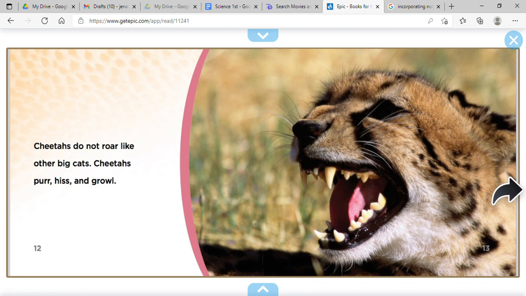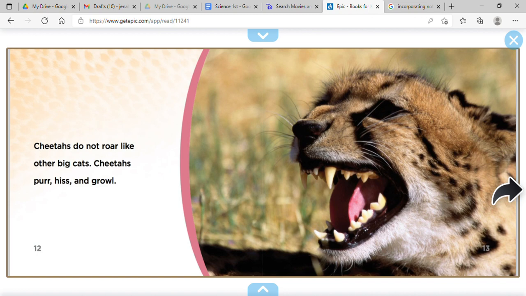Cats can do the same things. Well, they're big cats and they're wild cats. Everything is made differently, and they come from the feline family, which is the cat family, but they're still a big cat, and they don't even roar like lions do. They purr, hiss, and growl, which is pretty interesting.